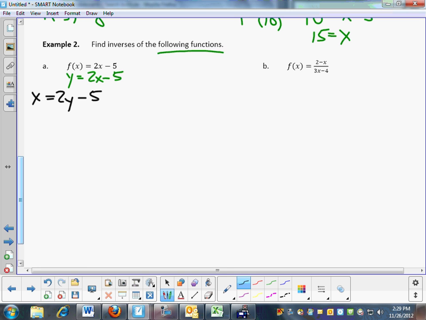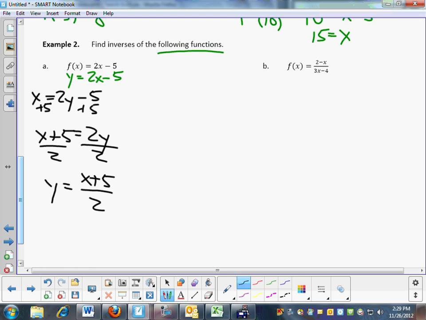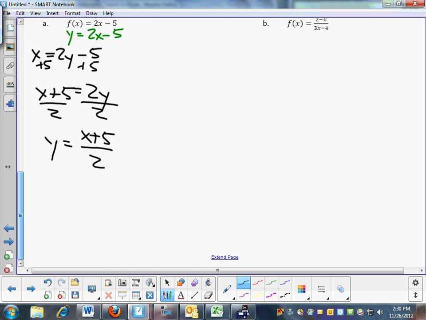What should I do? Add 5 and divide by 2. So x plus 5 is equal to 2y. Divide by 2. Y equals x plus 5 divided by 2. If you want to write it as 1/2 x plus 5 over 2, that would be fine as well. That's my function. That's my inverse.